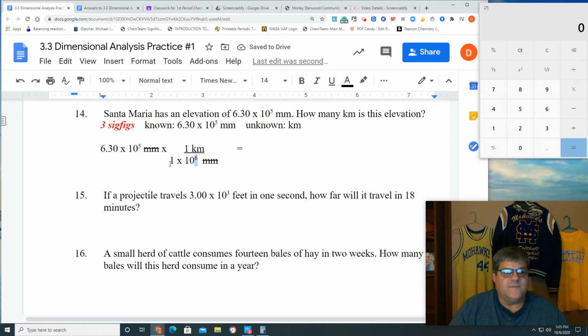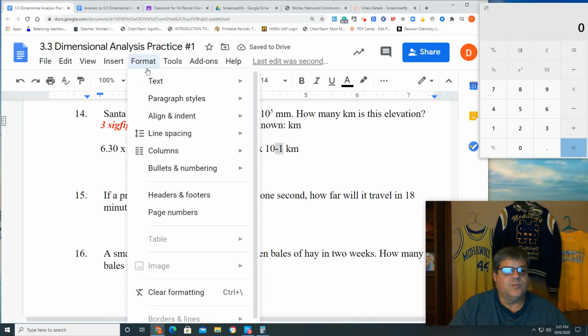What is the rule for dividing numbers in scientific notation? If you remember what the rule is, we're going to take this exponent and subtract the bottom one. So 5 minus 6 is a -1. So right away, I know that over here, I'm going to have times 10 to the -1 kilometers. So we'll put this as a superscript.